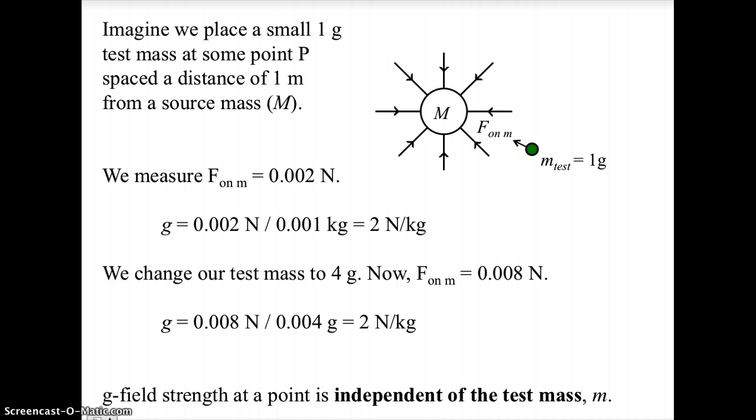So what this indicates is that G field strength is independent of the test mass m. It doesn't matter what size test mass we place here, as long as it's relatively small, we will find the same value of G no matter what mass we use. So the way we say that in physics is we say the G field strength at some point is independent of the test mass.